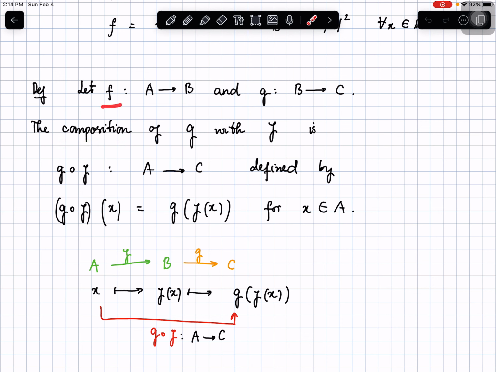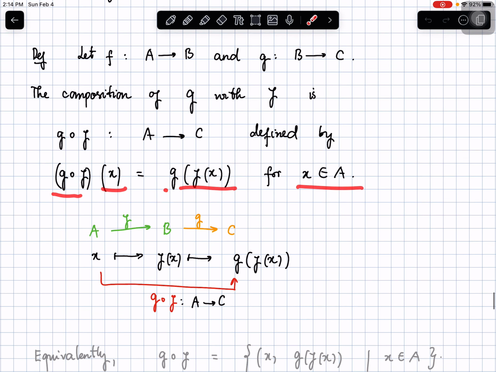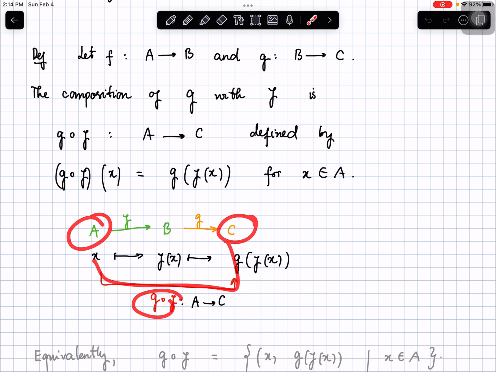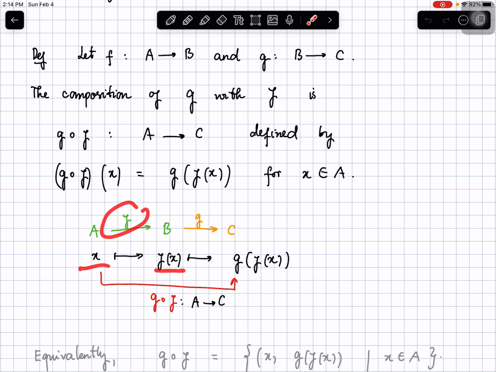We have two functions f and g. So f from A to B, g from B to C. The composition of the function g with f is a function g∘f going from A to C defined by g∘f of x equals g of f of x for all x in A. So we have a function f from A to B, the function g from B to C. Then g∘f is a function from A to C. And we see that f sends x to f of x, g sends f of x to g of f of x.